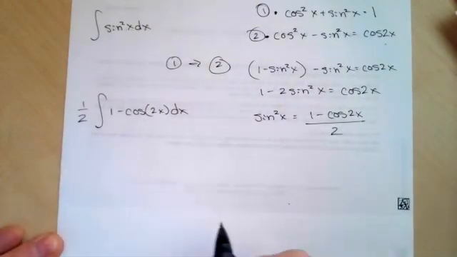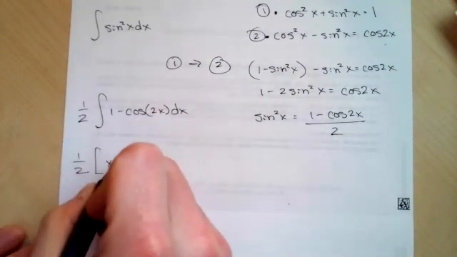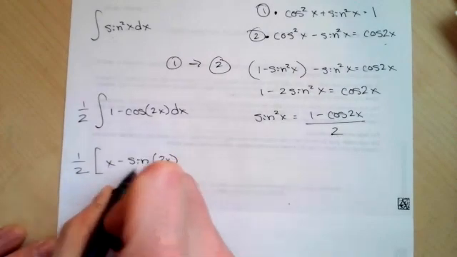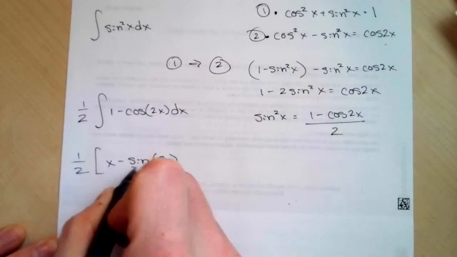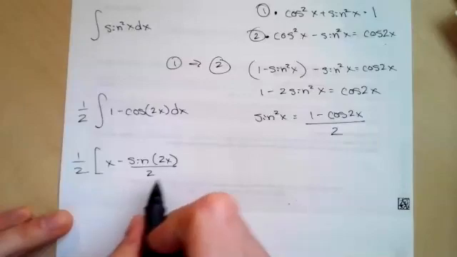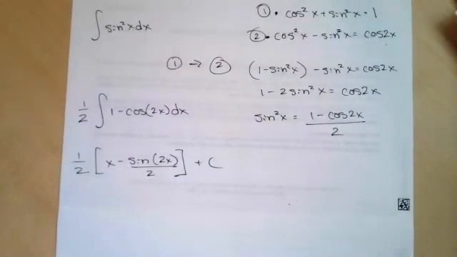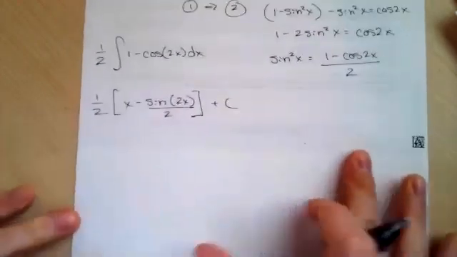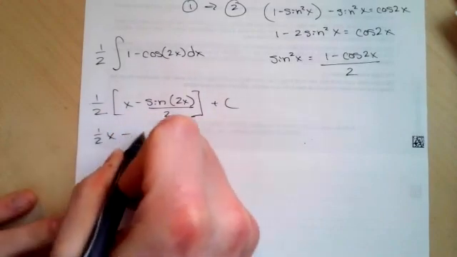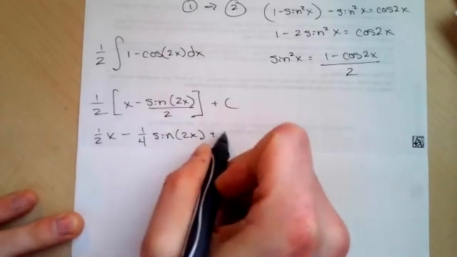You can use a u-sub for that inside term if you want, but we need to divide by that power. Since it is a constant, it's easy enough to just integrate from there. And so what is our answer here? 1/2 x minus 1/4 sine of 2x plus c.